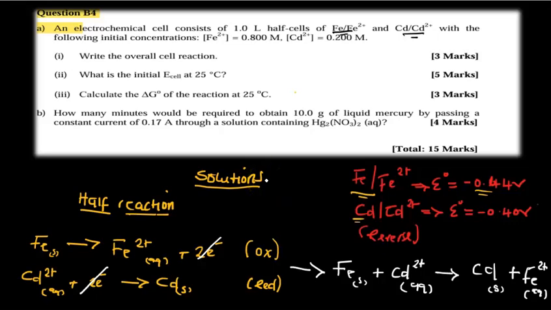Alright, so now how can we calculate the initial cell potential at 25 degrees Celsius? The first thing we need to recognize is that we need to use what we call the Nernst equation.